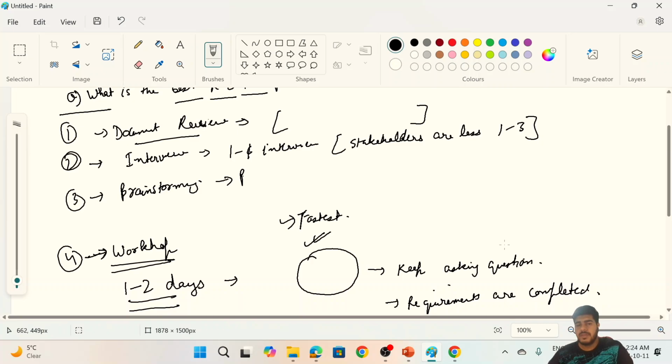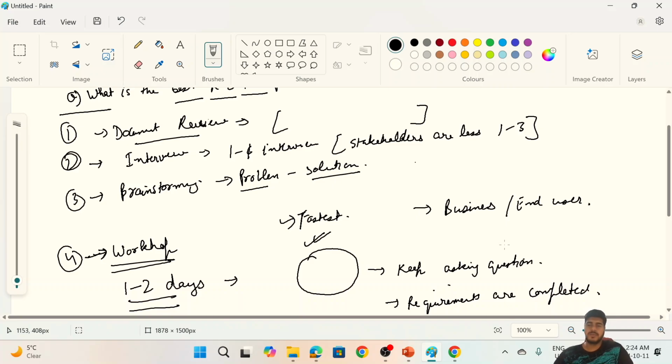Brainstorming is used when there is a problem and we are figuring out the solution. The difference between brainstorming and workshop is that a workshop includes the business and end users, whereas in brainstorming, we know the problem and the project team alone sits and finds the solution.